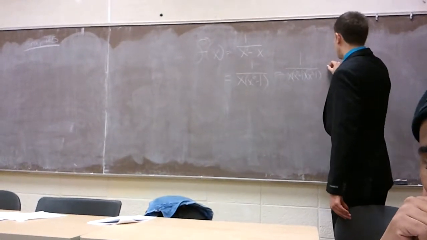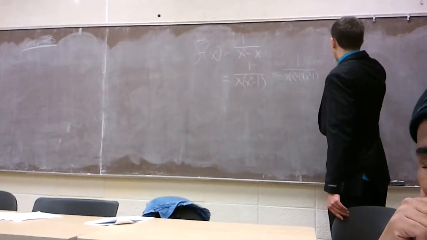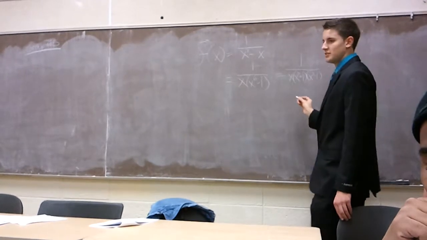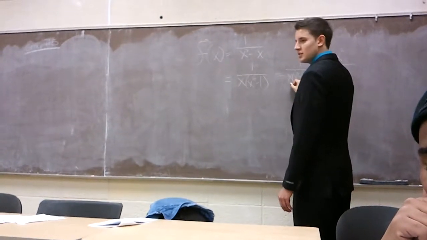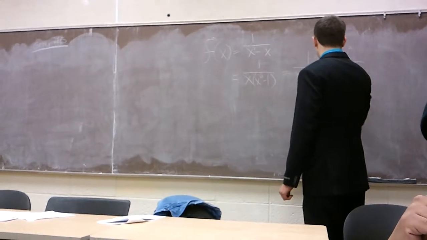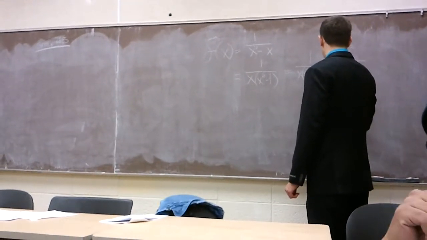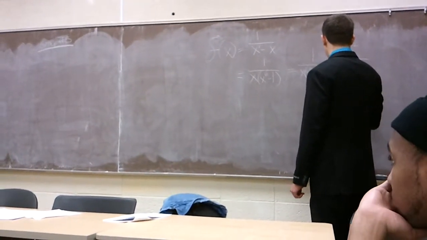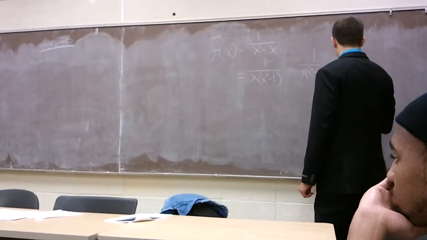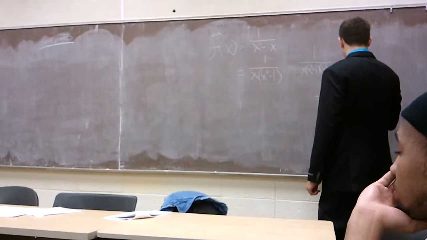So what you can do is multiply the top and the bottom by x squared to make this term x cubed, so that they're all the same. So you would get 1 over x cubed times x cubed plus 1 times x cubed minus 1.